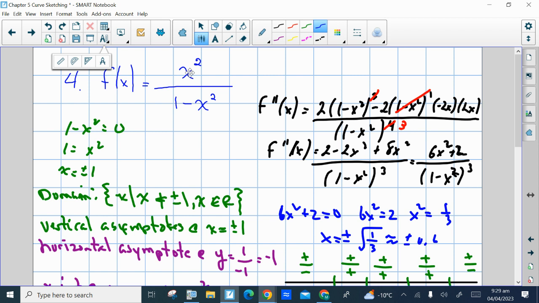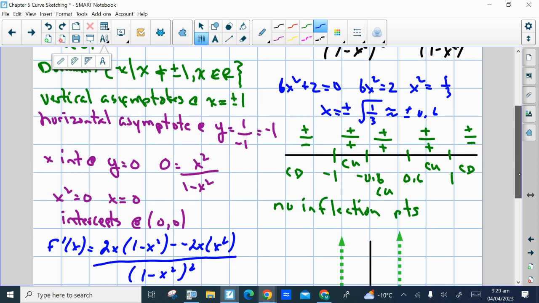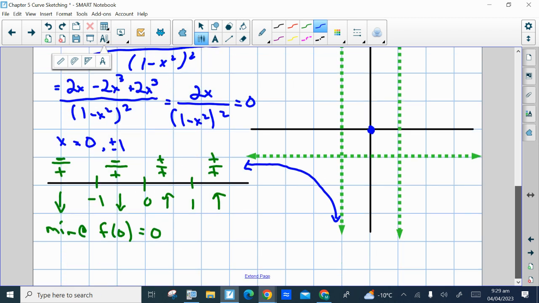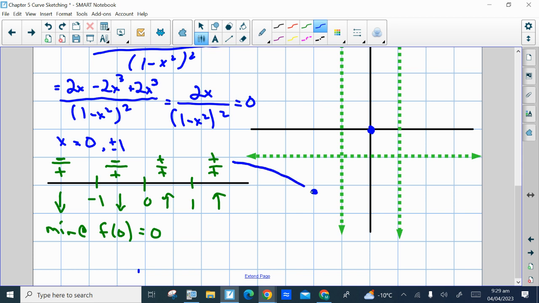So when x is -2, y will be -4/3, -1 1/3. So that's actually going to be down here somewhere. So that's a better sketch.